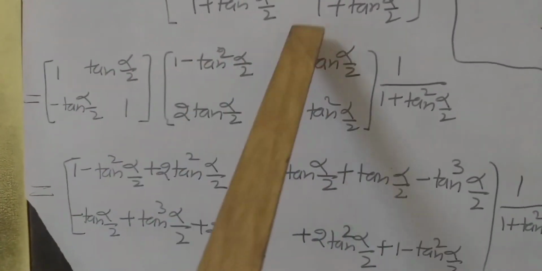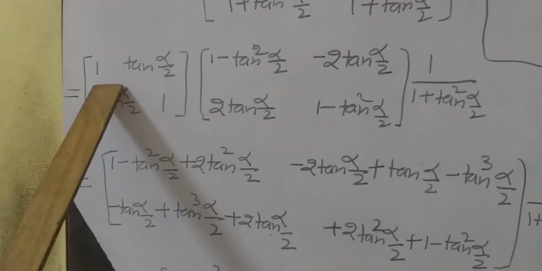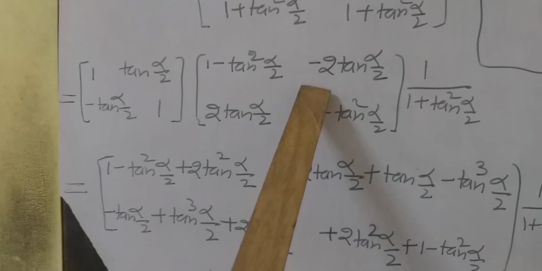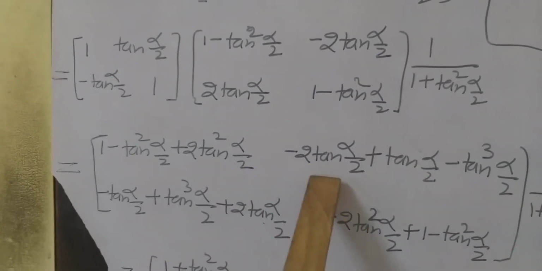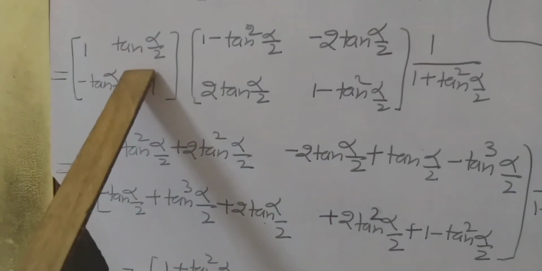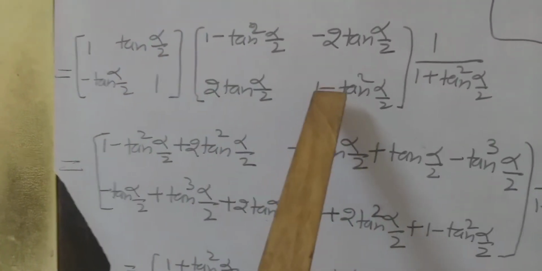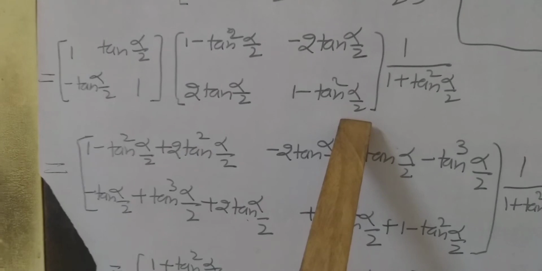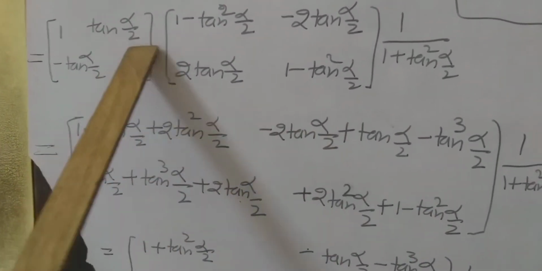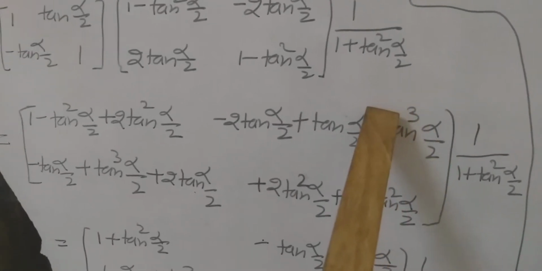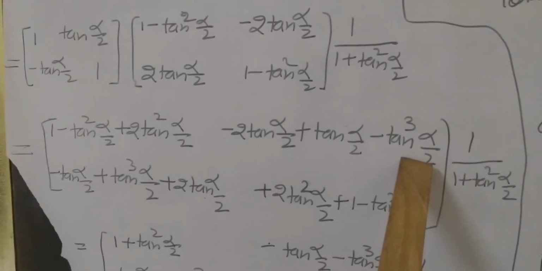Now first row second column, student, 1 multiplied by minus 2 tan alpha by 2. So it will remain as it is, minus 2 tan alpha by 2, and tan alpha by 2 is multiplied by 1 minus tan square alpha by 2. So tan alpha by 2 and this gives minus tan cube alpha by 2.